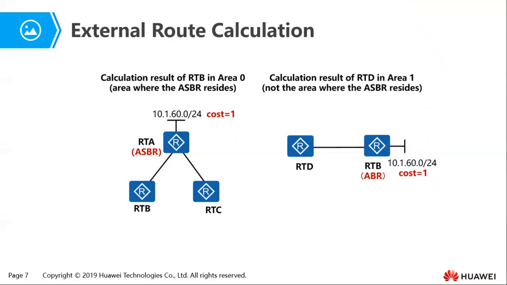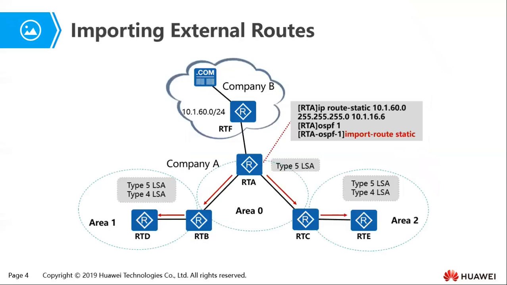Let me just explain that further. We are saying the cost from RTD to the external network, which is connected to RTF, is the same as the cost from RTB. So both of them have a cost of 1. That's what I'm asking. Do you think that is correct?